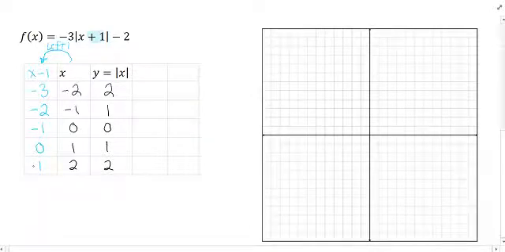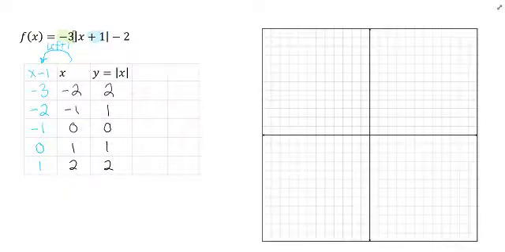Next, I will look on the outside, and I will start with what is being multiplied. In this case, I have a -3. The negative implies that we're doing a reflection over the x-axis, and the 3 is a stretch.